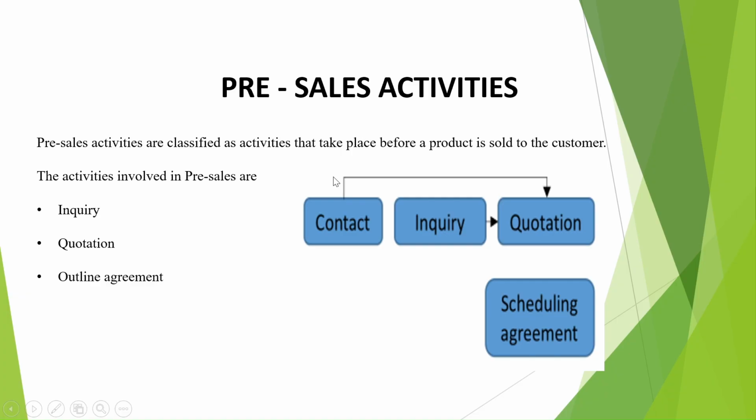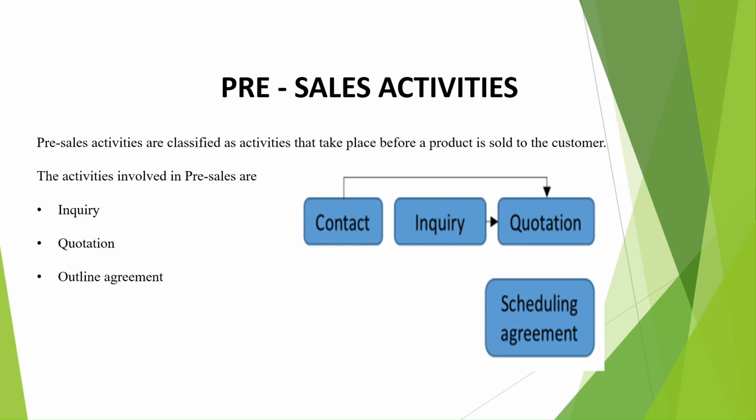Pre-sales activities are the activities that happen before the actual sale happens. Here the customer is just exploring options, so it includes inquiry, quotation, outline agreement, etc. Think of this like you go to the shop and ask what is the price, do you have any discount. That is nothing but the pre-sales phase.